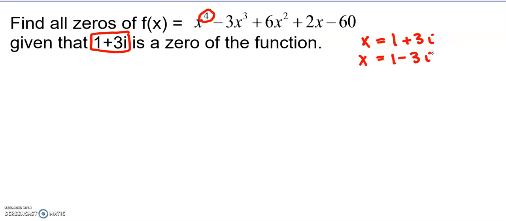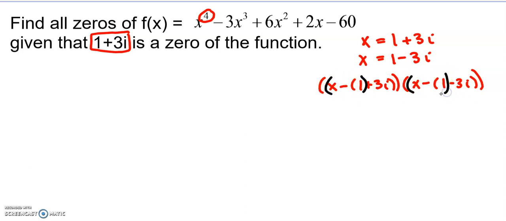Very good. Now, if I were to multiply these together as factors, this is fun stuff now. Okay, so if I were to multiply these as factors, well, the first thing that I would want to do is I'd probably rearrange my parentheses using my associative property, because now I have x minus 1 plus 3i, x minus 1 minus 3i.